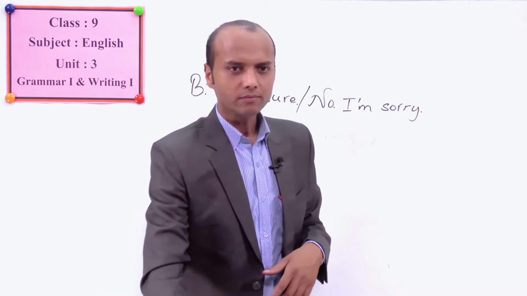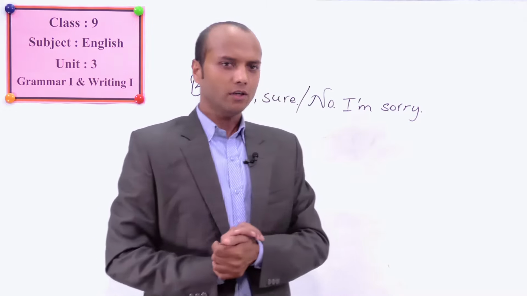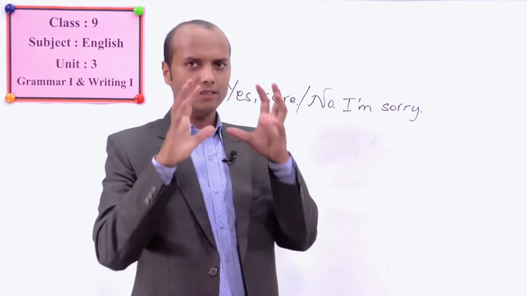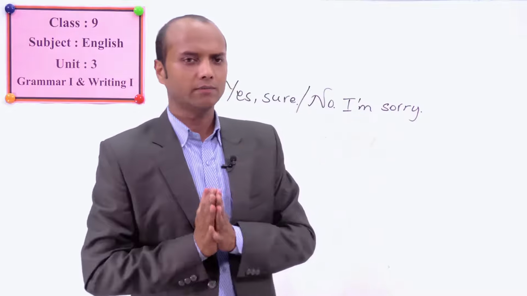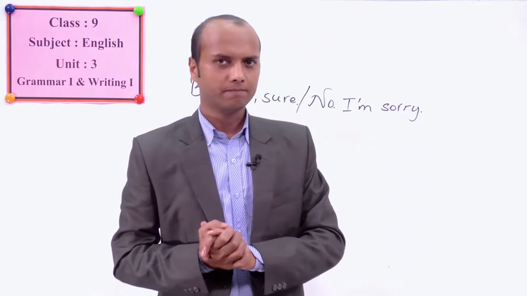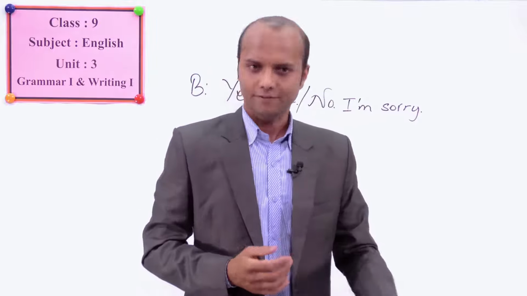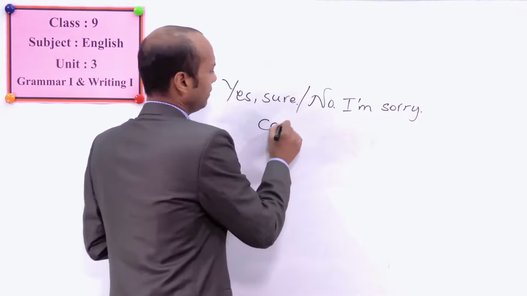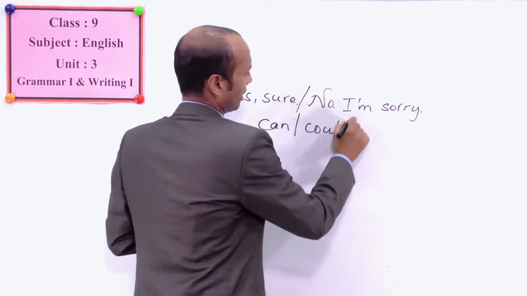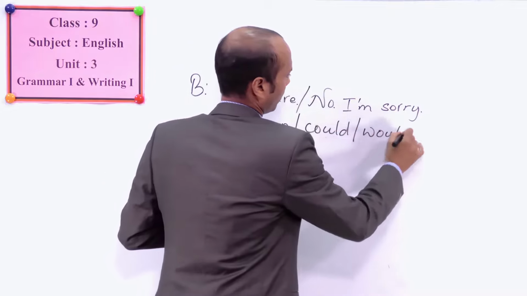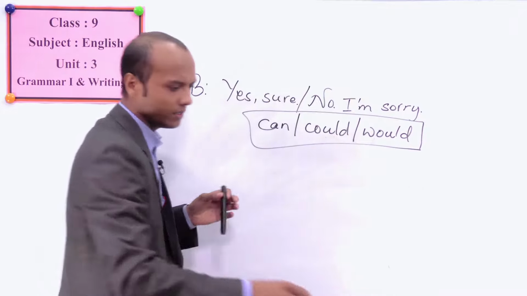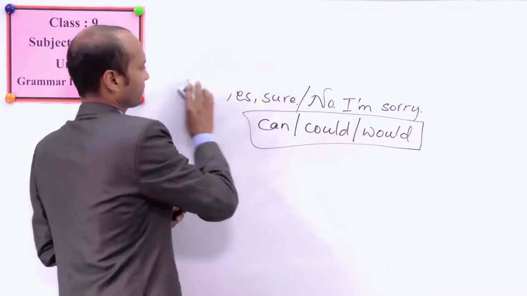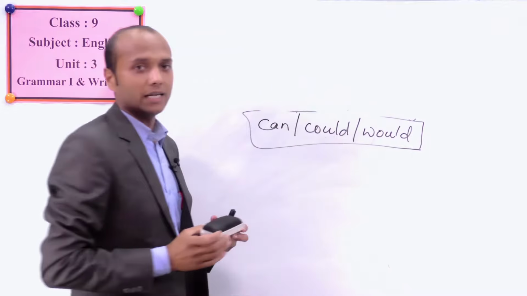So this is the list of examples that are given in your textbook as well. Did you notice some of the words that are highlighted? What are they? Definitely, they are can, could, and would. So these three words are highlighted there.